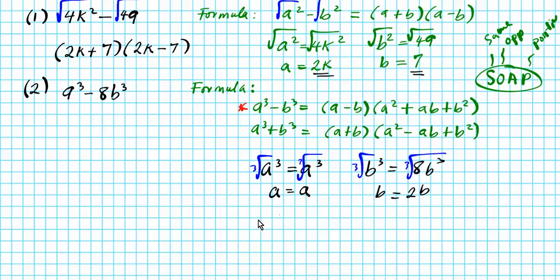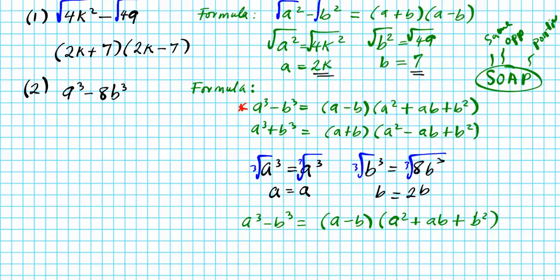So let's write down the formula again. Oh, let me change the color here. Put the formula on top. So a to the third minus b to the third is equal to, remember, the first sign is the same, a minus b, and then a squared, the next one is going to be opposite, plus ab, and the last one is always positive, b squared, like that, all right?